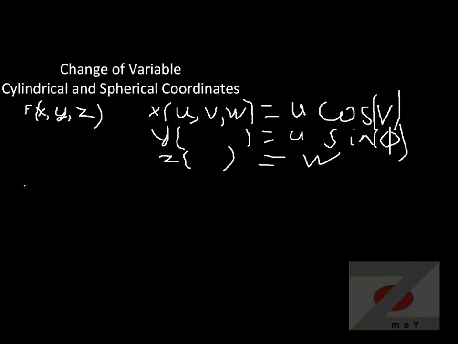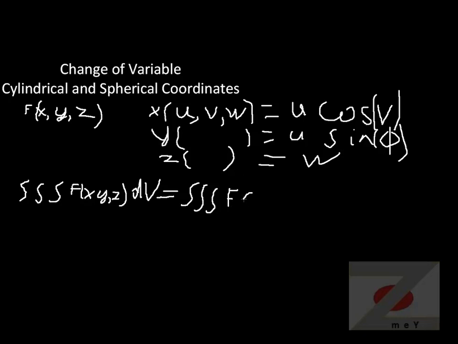But anyway, the basic rule is if you want to find a volume of a function, take a triple integral of f(x, y, z) dx dy dz, but I'll just write dV, equals triple integral of f of g of u, v, w.